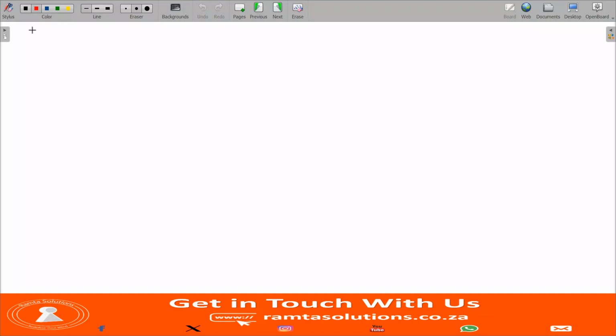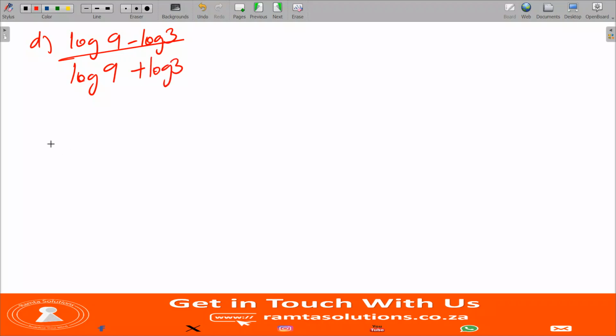Proceeding. Let's go to question D. Question D is log 9 minus log 3 all over log 9 plus log 3. So now, what do we do? It's indeed tempting. Let's use 9 and 3. 9, we know it's a power.